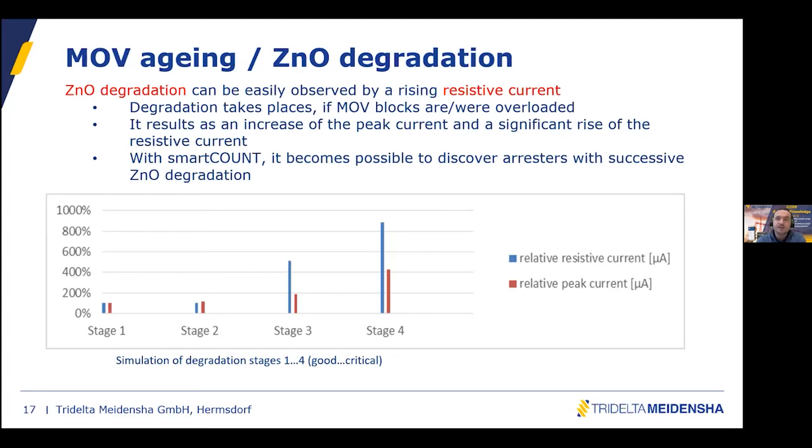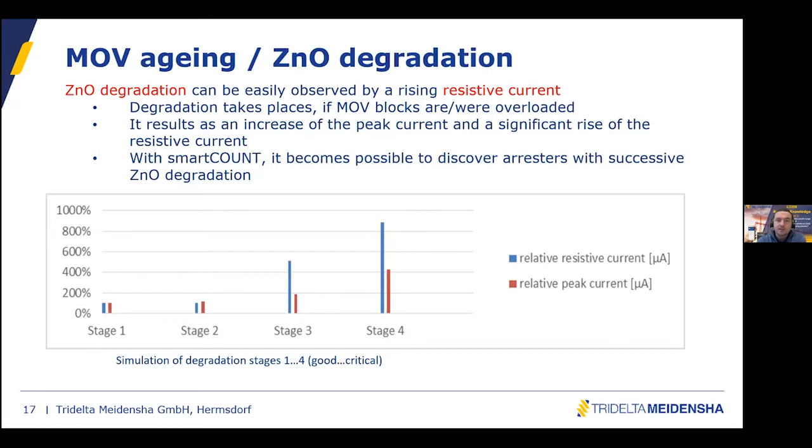The idea here is to have a mid-term, long-term assessment. In general, it's not something that you will assess in one shot, one picture, one day. You need to look at the trend, at the evolution of the resistive current.